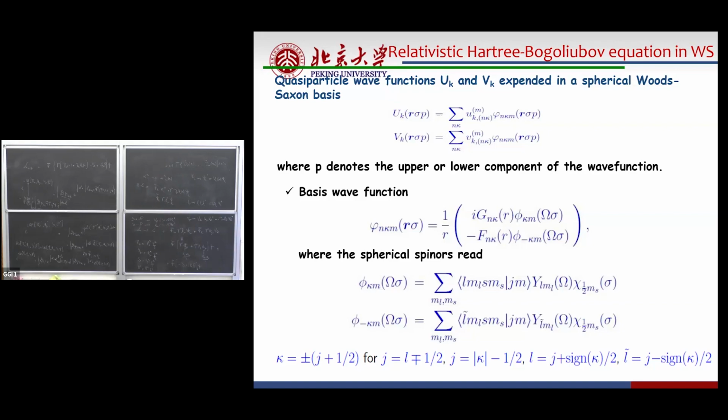But we can also directly solve the Dirac equation with Woods-Saxon potential using the Dirac solution as the basis. You see, we are very careful people. Therefore, we use both bases simultaneously.